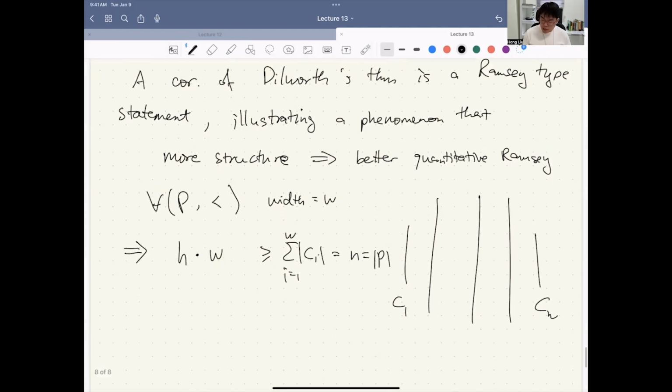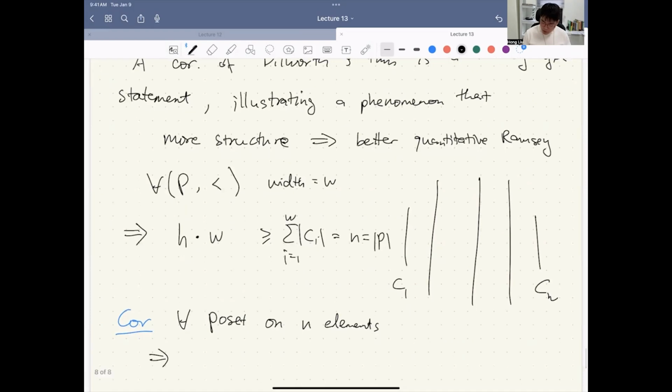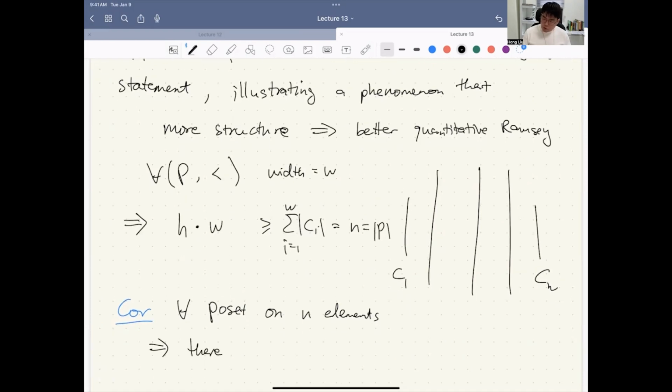Okay, this implies the following corollary: for any poset of n elements, there always exists a chain or an anti-chain of size at least square root n.